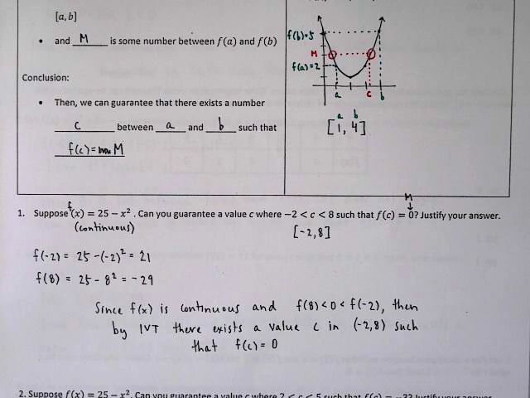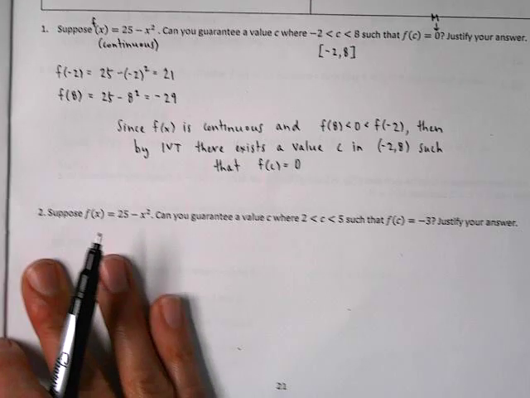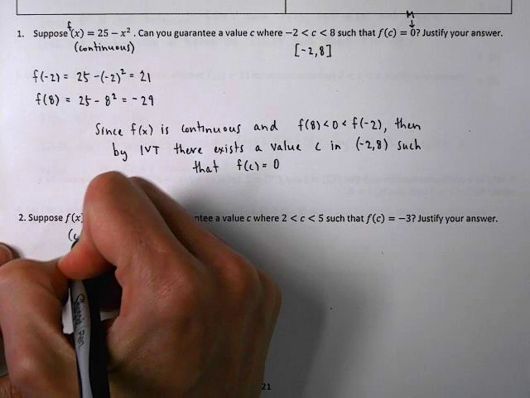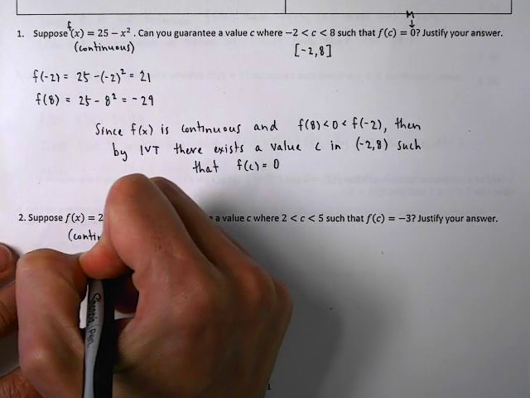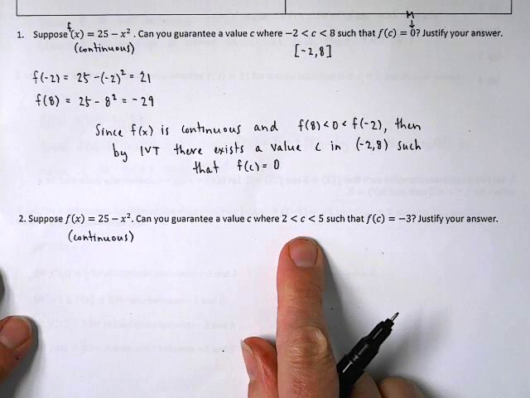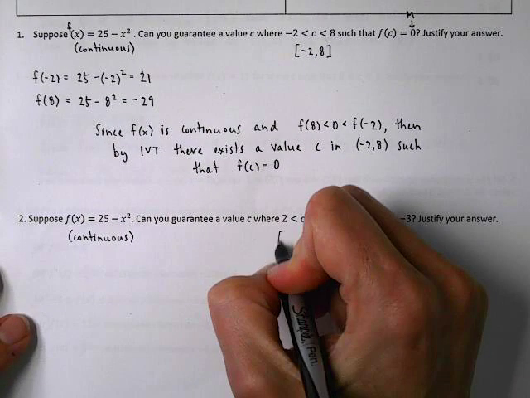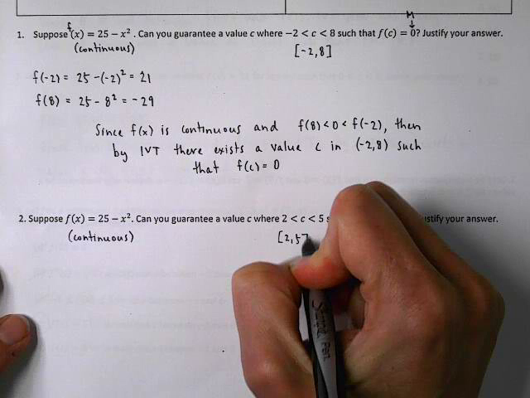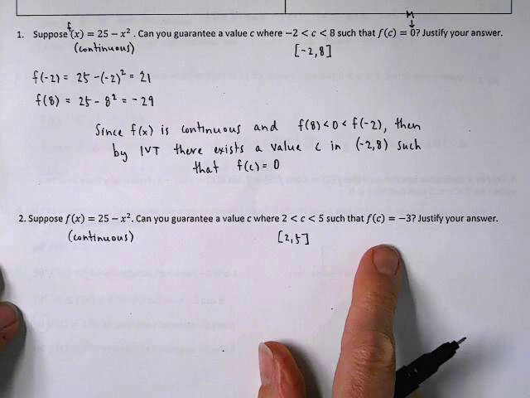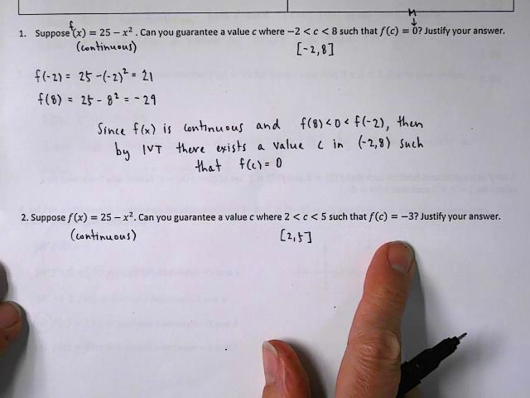All right, let's take a look at another one. So here we have, again, the same function, which is good because we already know that this is continuous. Okay, and now we have a different interval, and we're wondering if there's a value c in that interval that has a function value of -3.